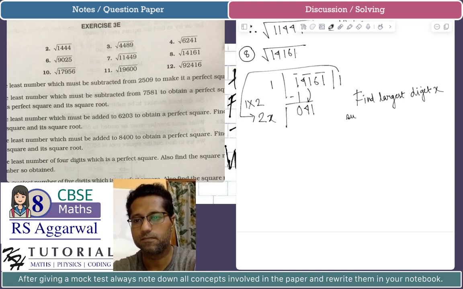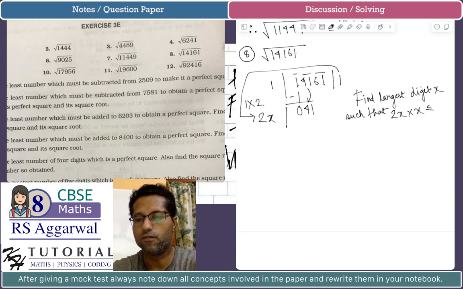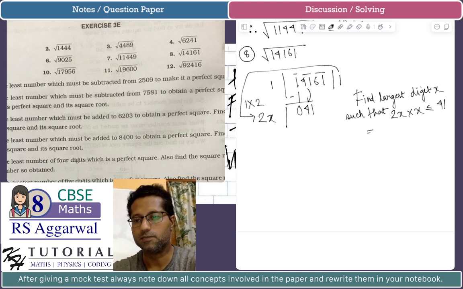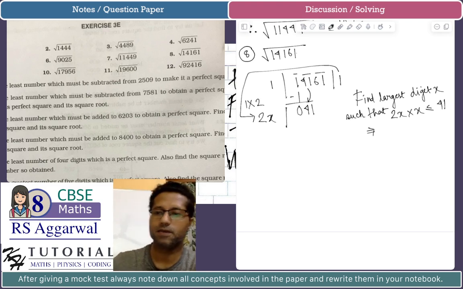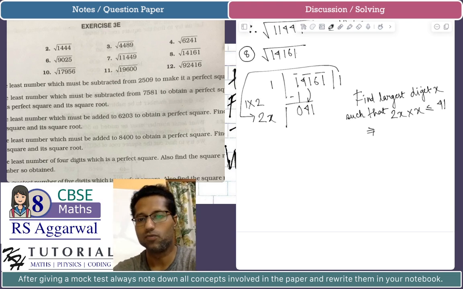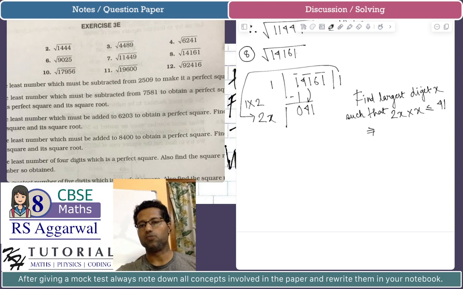such that 2x multiplied by x is less than or equal to 41, because the dividend is 41. Remember this 2x is not actually 2 multiplied by x.